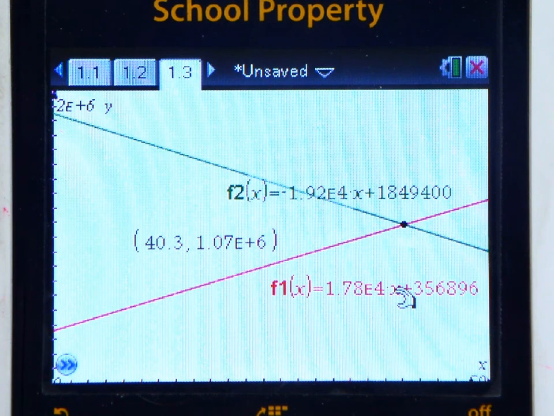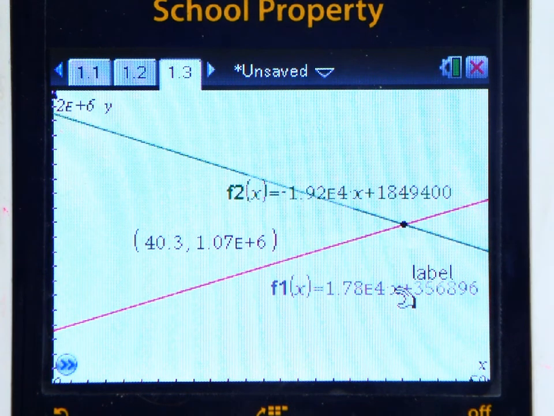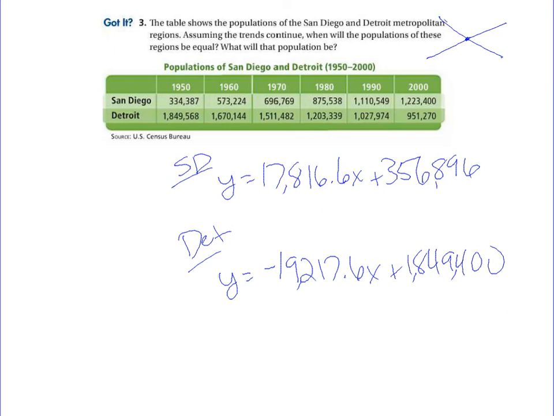It is 40.3 years since 1950, and 1.07 times 10 to the 6th power population. So now I go back to my notes, and I can write that down. We get the ordered pair 40.3, comma, 1,107,000.